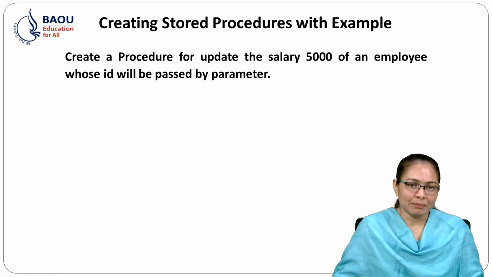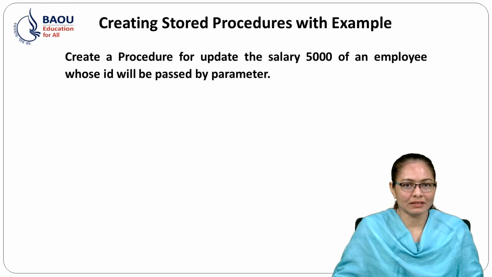After creating the employee table, insert a few records in it. Now we will create a procedure to update the salary of the employee to 5000, whose ID will be passed by the parameter. Means the procedure will update the employee salary whose employee ID is passed by the user.